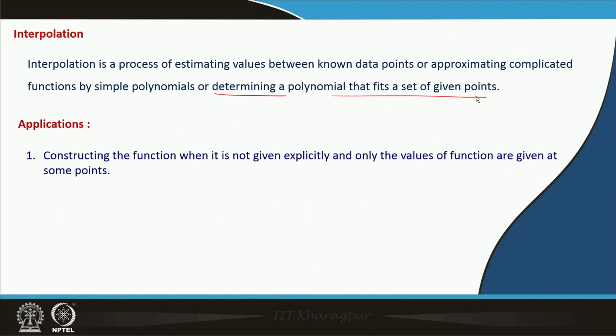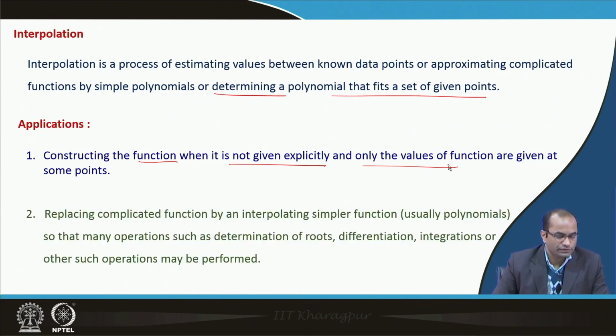The applications are like constructing the function when it is not given explicitly, only the values of the function are given. So, we will construct a polynomial which passes through or fits the given data points. That is one of the major applications of this interpolation.